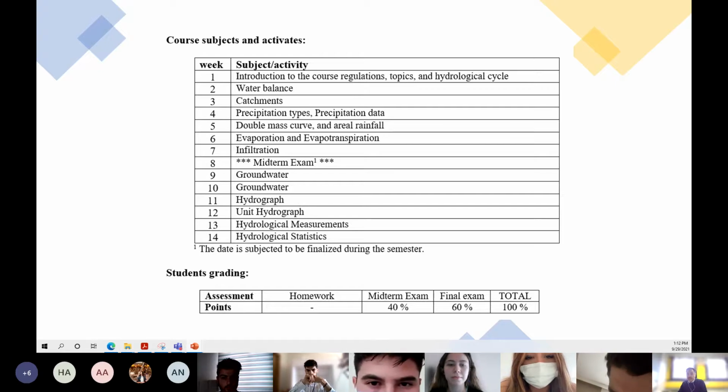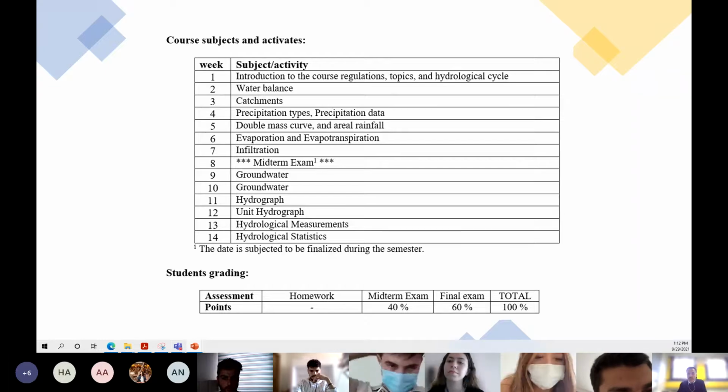And in the last 4 sessions, we will talk about hydrographs, unit hydrograph, hydrological measurement, and also statistics of hydrology. The course grading system, as you see, is 40% for the midterm exam and 60% for the final exam.